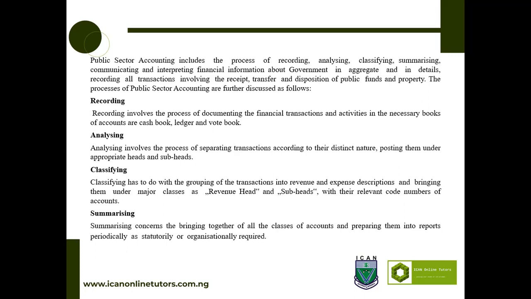We have classifying. This is another process. Classifying has to do with the grouping of the transactions into revenue and expenditure descriptions. In the public sector, it focuses on revenue and expenditure.